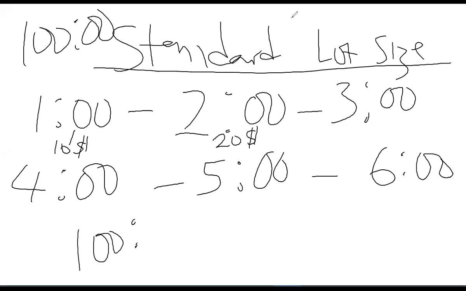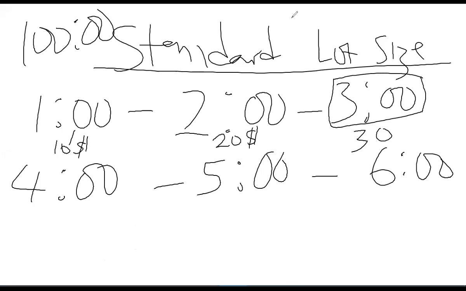So if you use 3.00, what is going to be your profit per pip? $30. Beautiful. If you use 4.00, what's going to be your profit? Yes, $40.